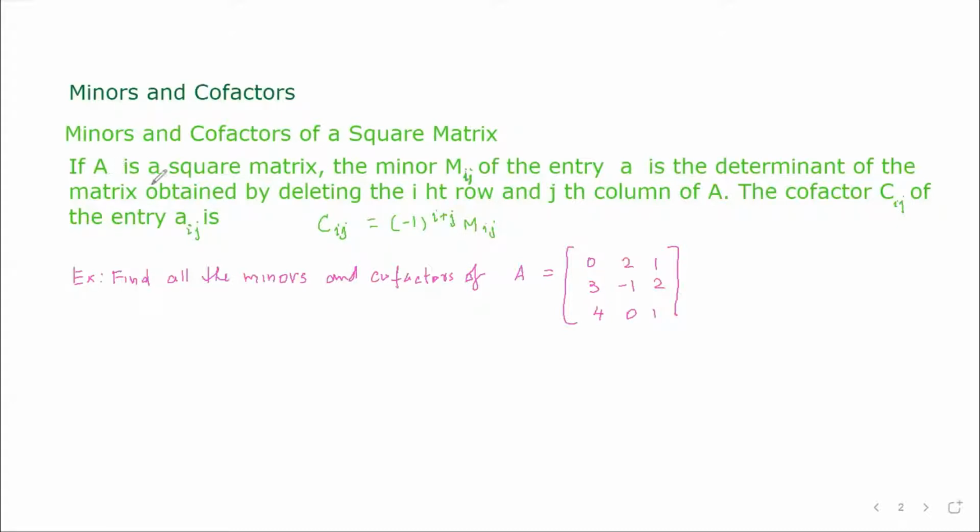If matrix A is a square matrix, this one has to be a square matrix, the minor M subscript ij of the entry A subscript ij is the determinant of the matrix obtained by deleting the ith row and the jth column of A. The cofactor C subscript ij of the entry A subscript ij is given by this formula.